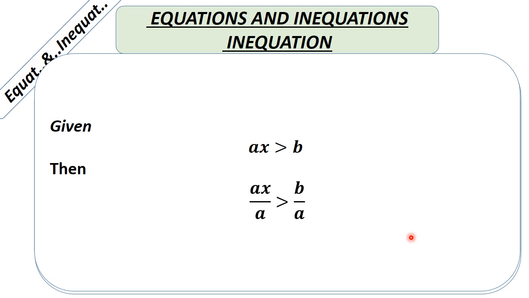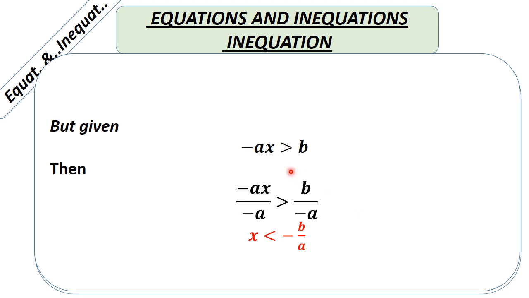The a cancels, so we have x greater than b over a. The symbol is the same, because a is not a negative number, so nothing changes. But if a was a negative number, it could have turned into less than.